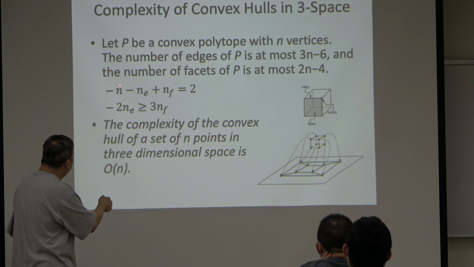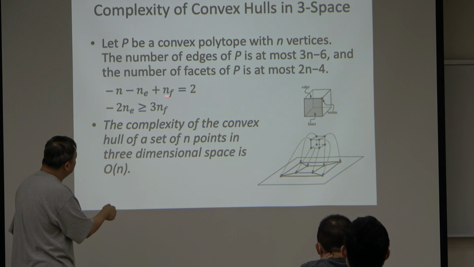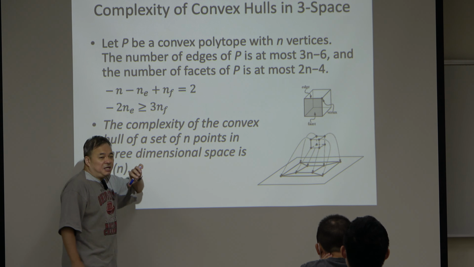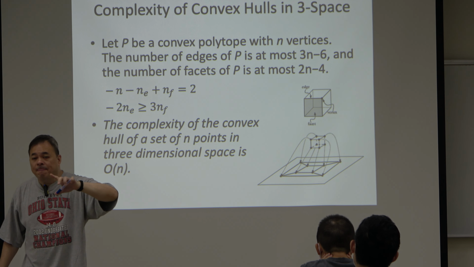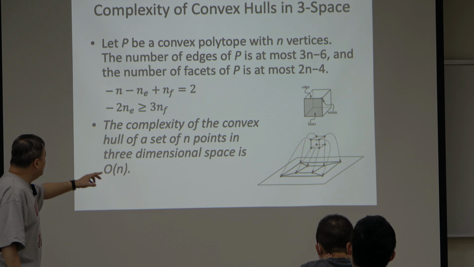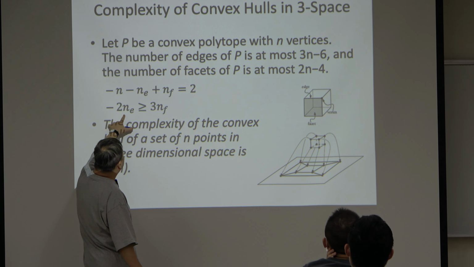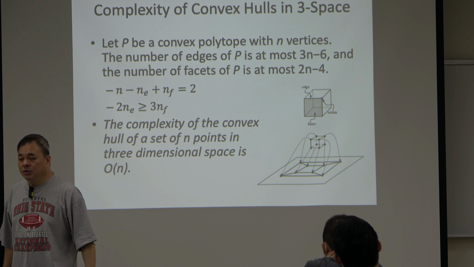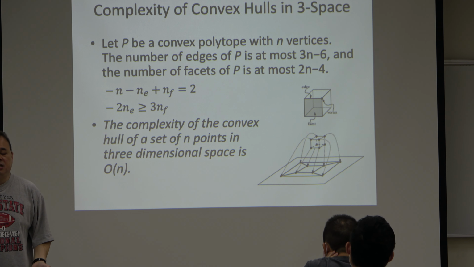The number of vertices, which is n, minus the number of edges plus the number of faces is 2. This is directly obtained from the Euler formula, and we can estimate the total degree in two ways. One is 2 times the number of edges. This is the exact value, since the total degree is exactly 2 times the number of edges.